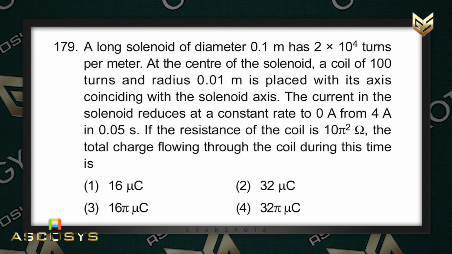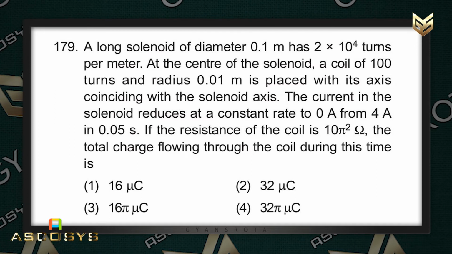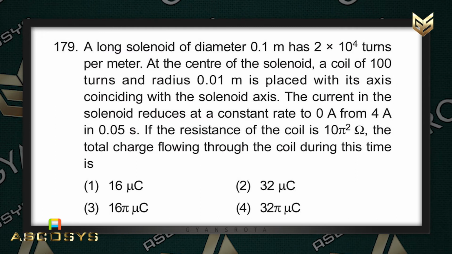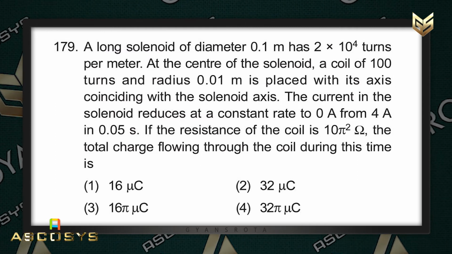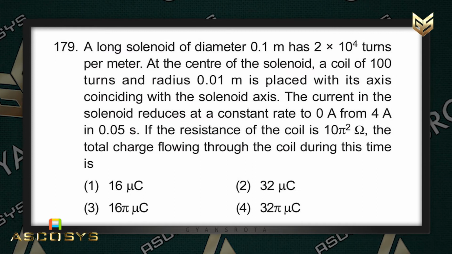The current in the solenoid reduces at a constant rate from 4 ampere to 0 ampere in 0.05 second. If the resistance of the coil is 10 pi square ohm, the total charge through the coil during this time is how much?